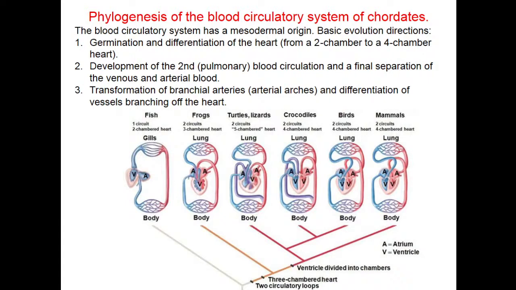From left to right we can see the heart and microcirculatory system of fish, frogs, turtles, lizards, crocodiles, birds and mammals. More and more advanced, to us, are the mammals.